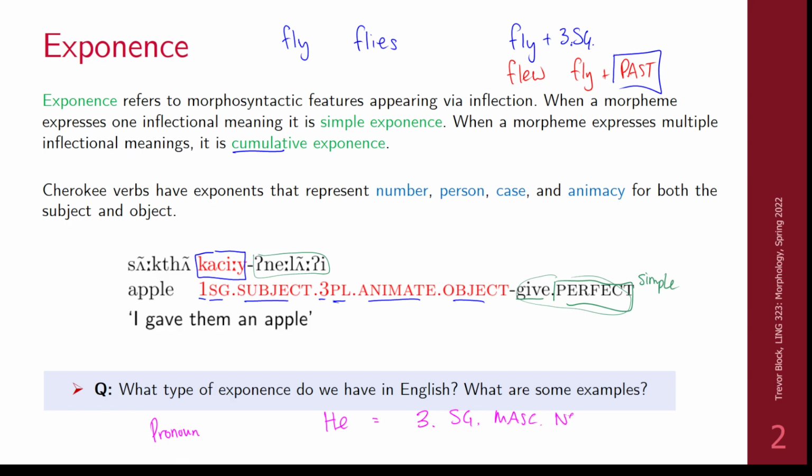It is also nominative, it is a subject. If it were accusative, like for instance him, well, it's still third person, it's still singular, it's still masculine, but now it's accusative, it's in the object position. So there's 4 pieces of information in a pronoun. So that's an example of cumulative exponents. So we have both in English.